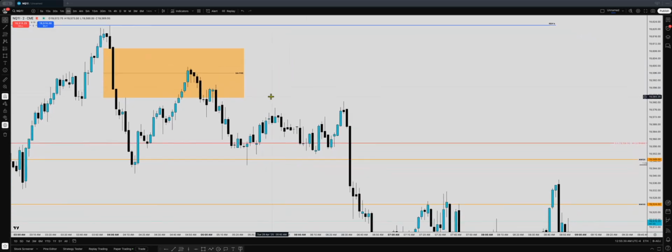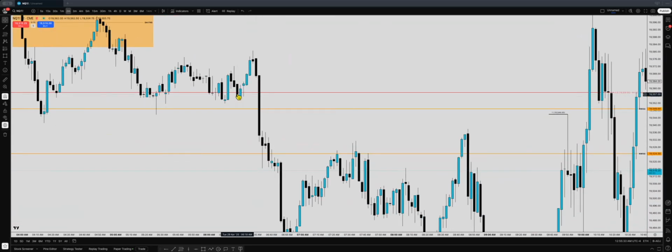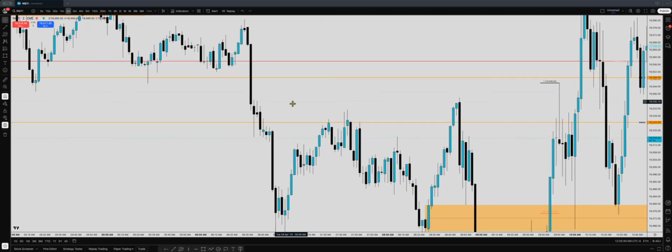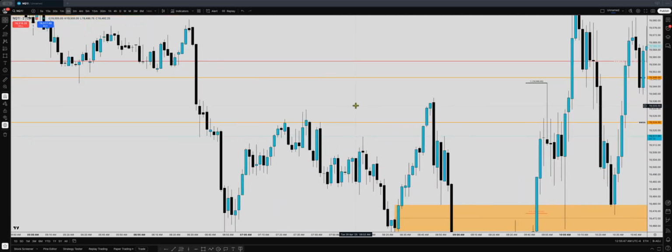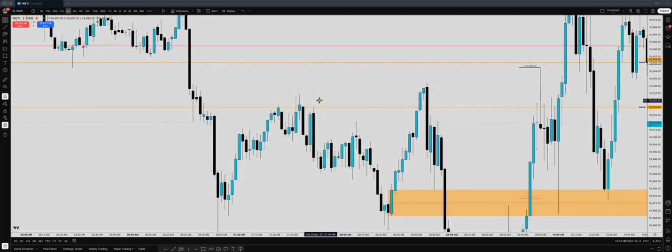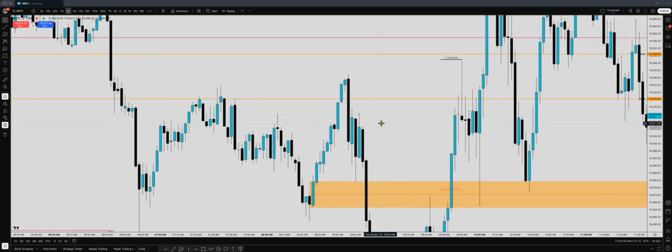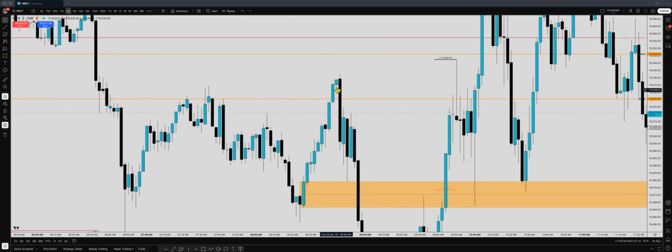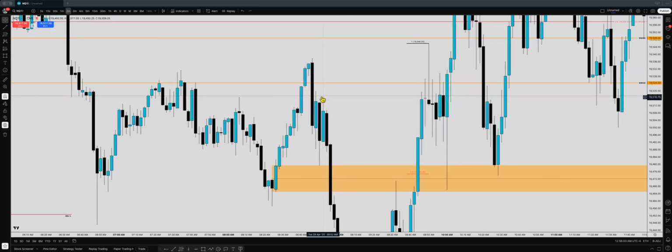Let's see here. So we're looking for shorts. All right, 2 minute. Right here it occurred. You got 1, 2, 3, 4. 1, 2, 3. We left the fair value gap behind, but again, it never came back, so you were kind of SOL on that. All right. And then here we have 1, 2, 3, close underneath, fair value gap behind.